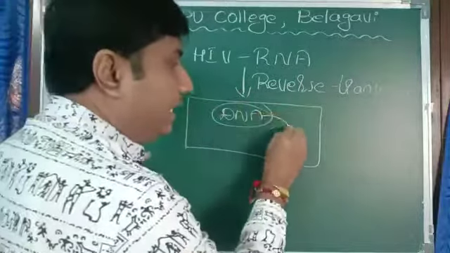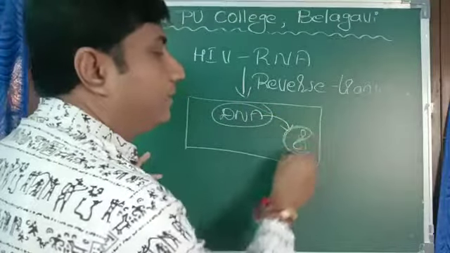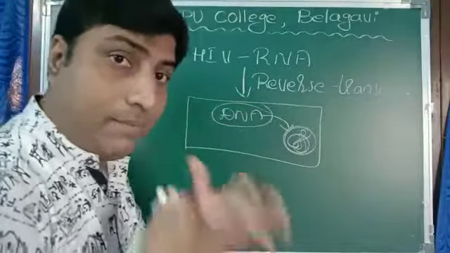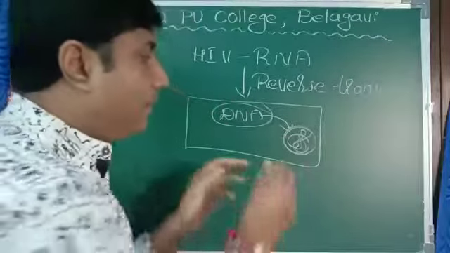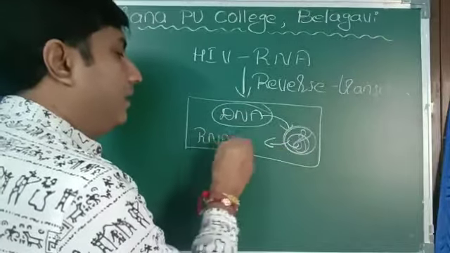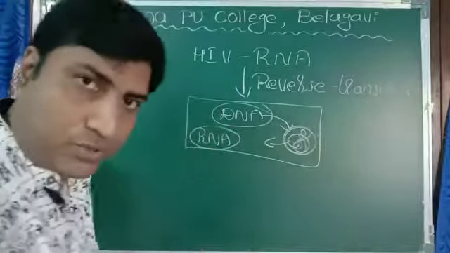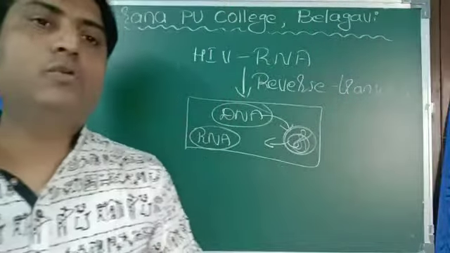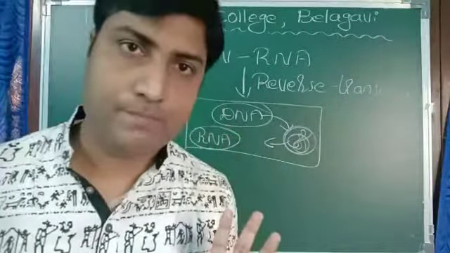Now this DNA will get incorporated with the DNA of our cell. So this utilizes the machinery of our body, and with the help of this, several HIV RNA are produced, and they start attacking our immune system, and our immune system will get destroyed.